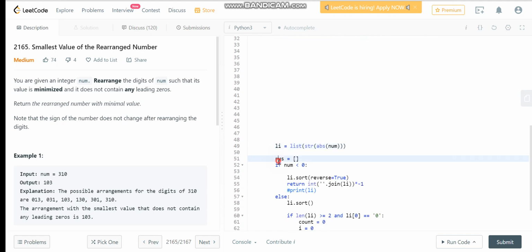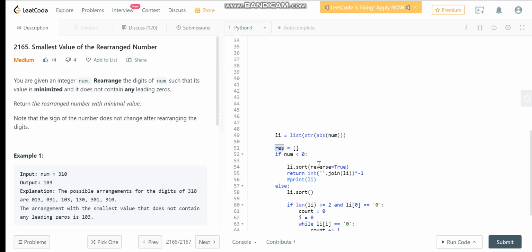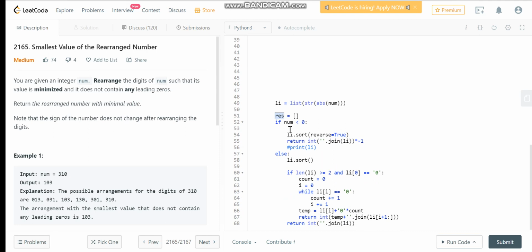Now I'm keeping a result array, which will be my final answer. As I just said, if the number is less than 0, I sort it in reverse order. That means reverse=True sorts in decreasing order, and I multiply it by -1 because this number is negative and I want to return the negative part of it.